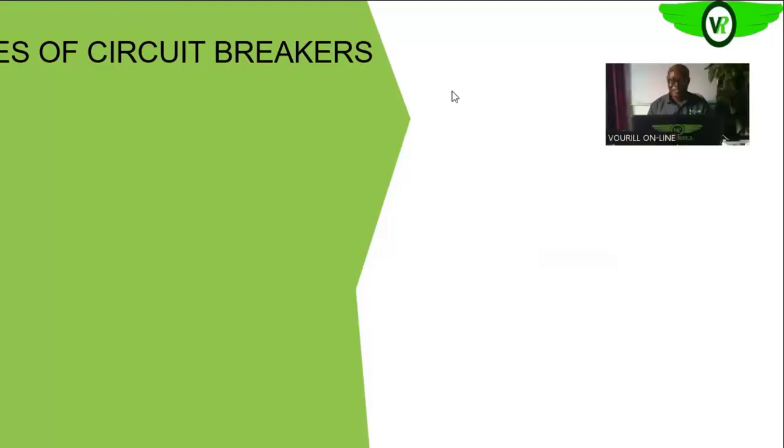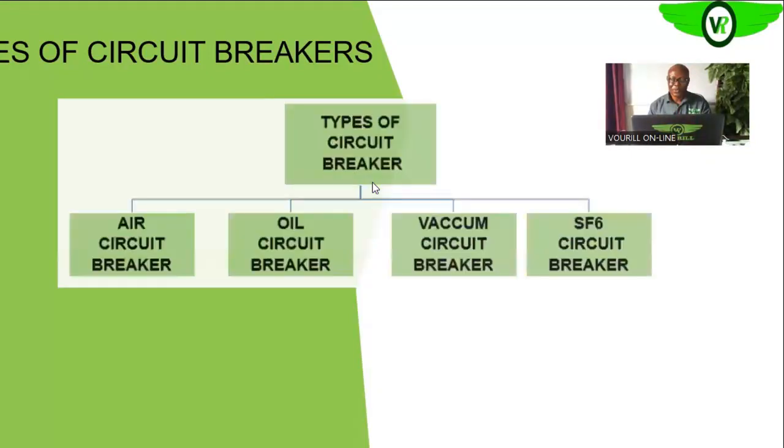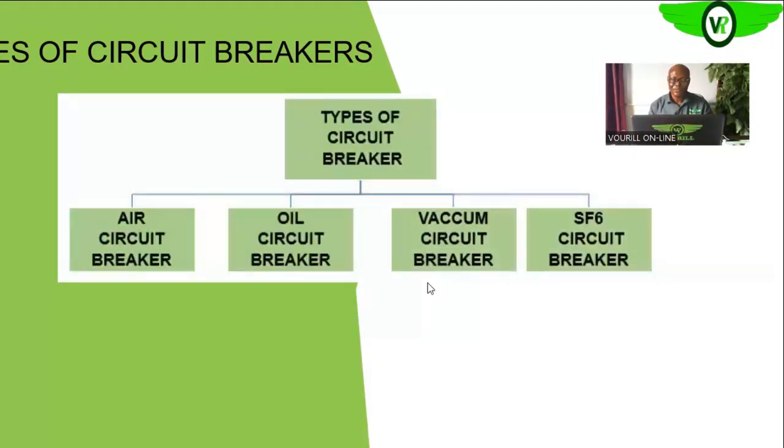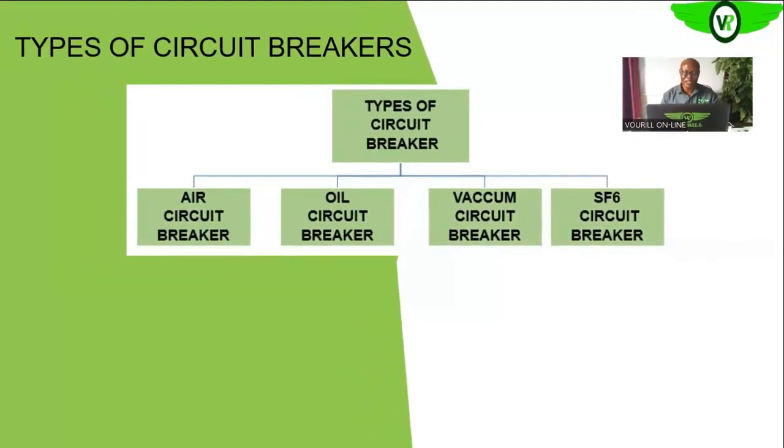So as you can see, we have the various types of circuit breaker. We have the air circuit breaker, the oil circuit breaker, the vacuum circuit breaker, and the SF6 circuit breakers. So this naming, as we said earlier, is informed by the kind of arc quenching medium that is employed.